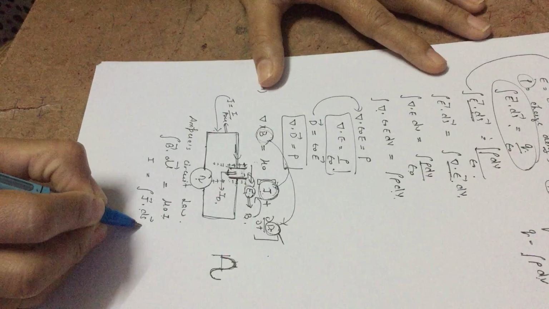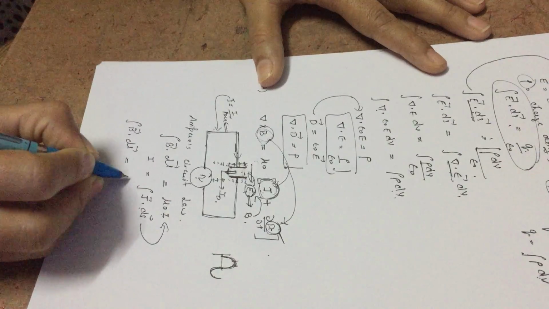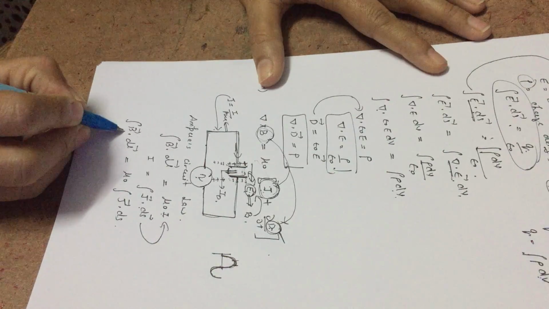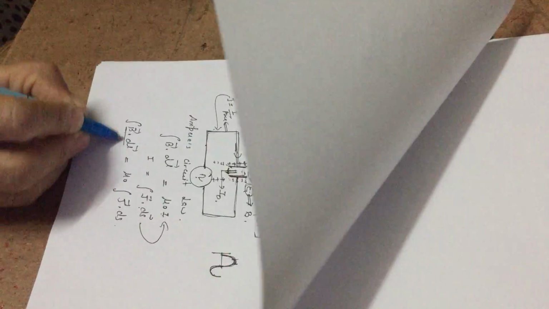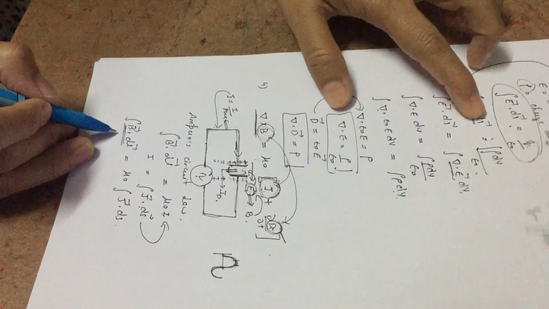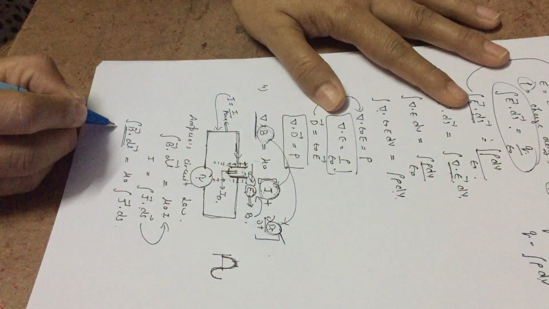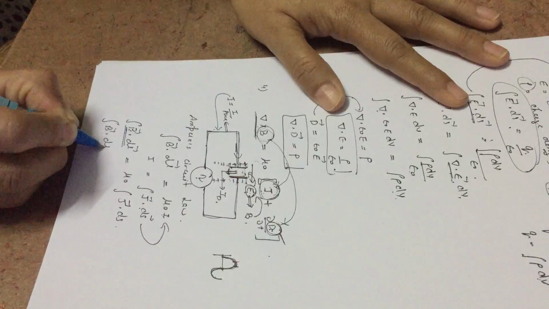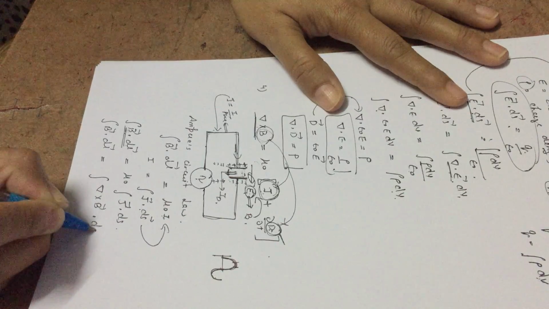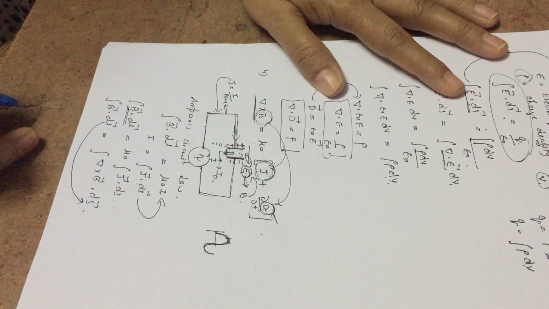Now, substituting this equation in the above one, we will have the integral of B dot dl is equal to mu naught times the integral of J dot ds. But according to Stokes' law, we can convert B dot dl in terms of del cross B. Hence, we are substituting this B dot dl in terms of del cross B, that is, B dot dl can be written as del cross B dot ds. With the help of Stokes' law, we can convert the line integral into a surface integral.